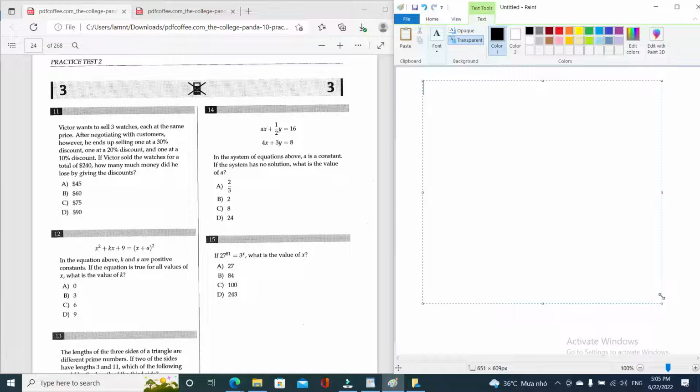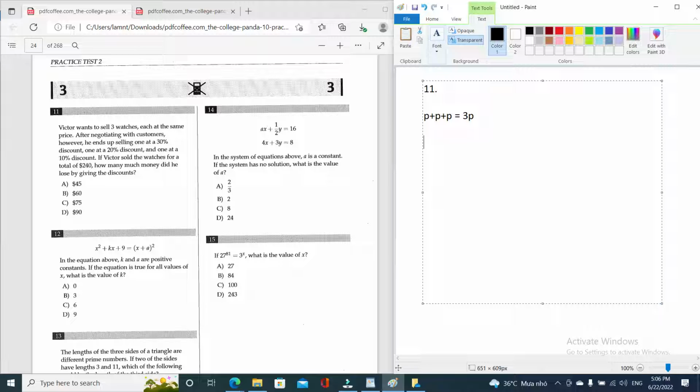So if each of the price is P, then Victor gets 3P, because each of the price is P. Okay, so 3P because it's P plus P plus P. P for price because all 3 watches are the same price. Okay, so that's the first thing.